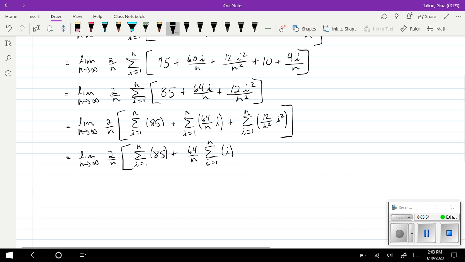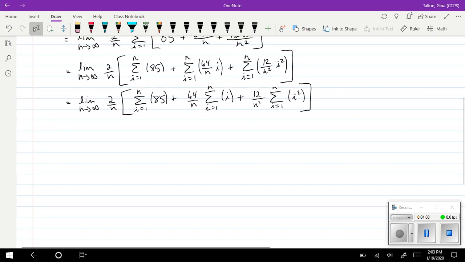There's a formula that I can use for that. And then plus the 12 over n squared will get factored out, multiplied by the summation as i goes from 1 to n of i squared.